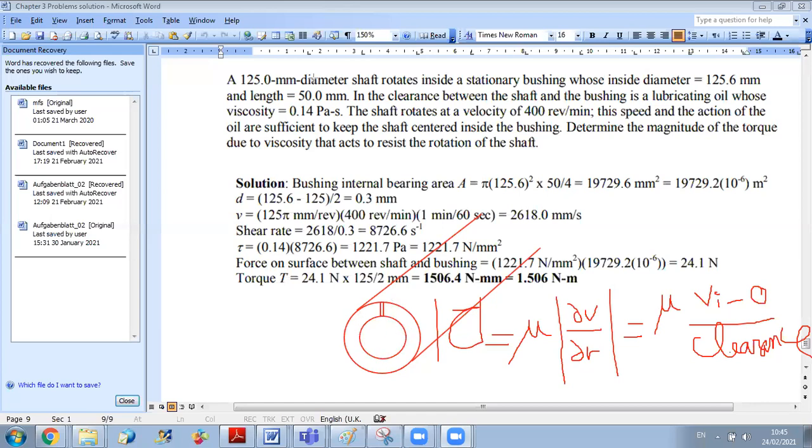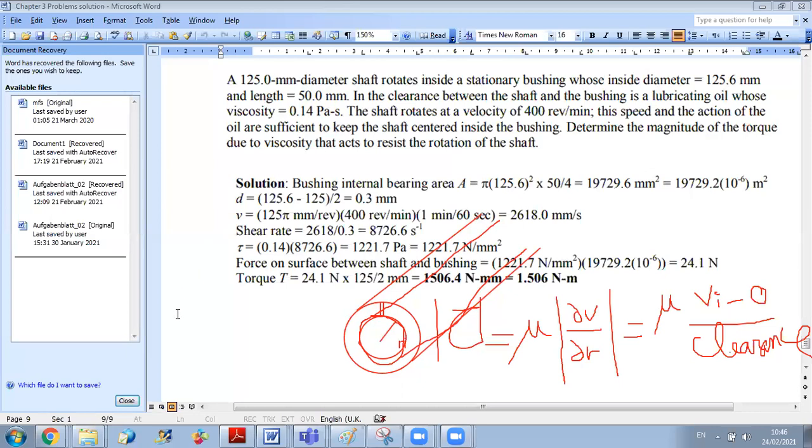So I will take here Ri. When I do 2 pi Ri, I will get the perimeter of my internal shaft, and once I get the perimeter, I can multiply by the length in order to find the total area of contact between oil and my shaft.